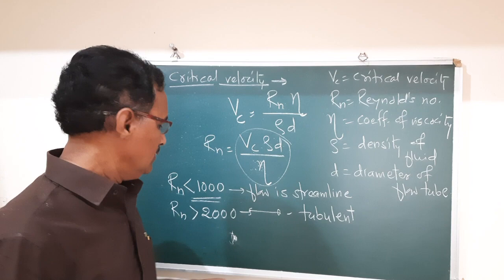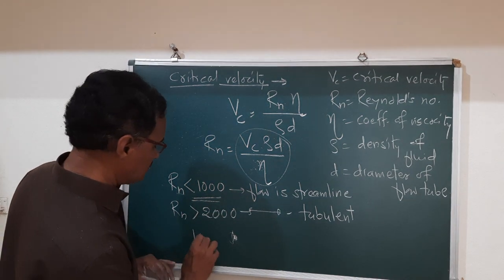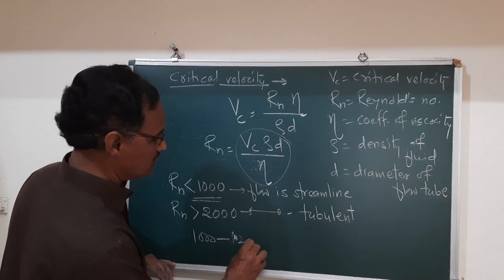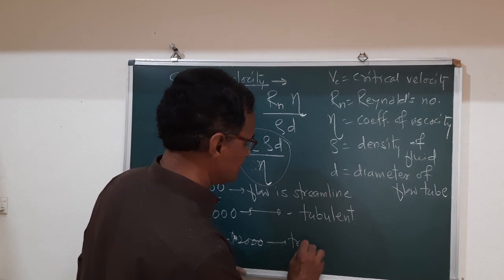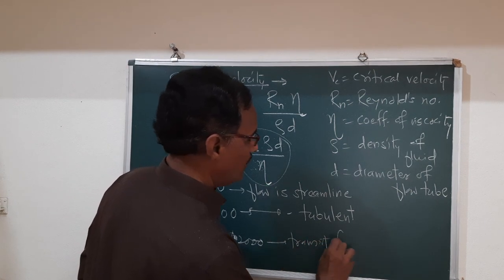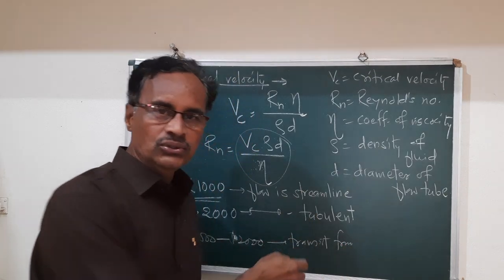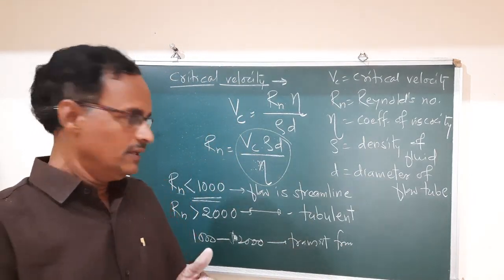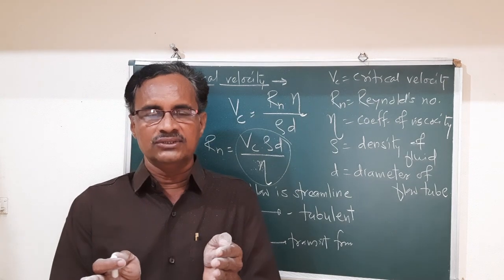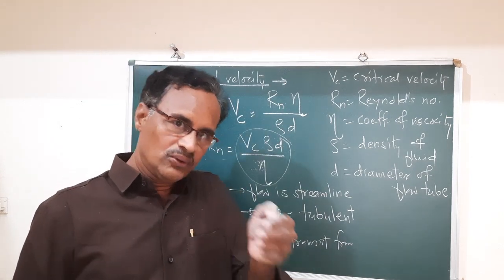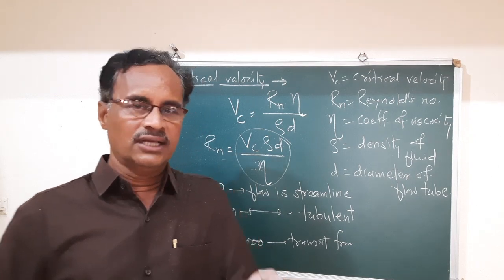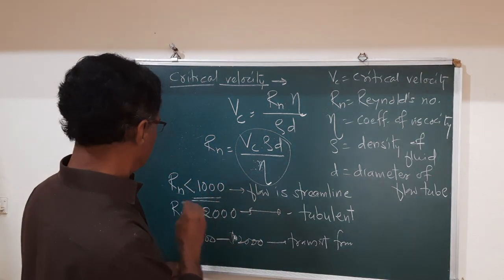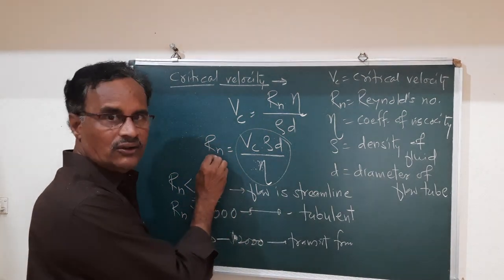If it is in between 1000 and 2000, the flow transits from streamline to turbulent flow. This is the significance of the Reynolds number.